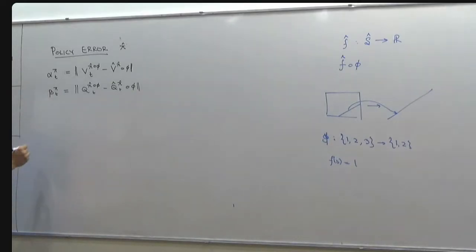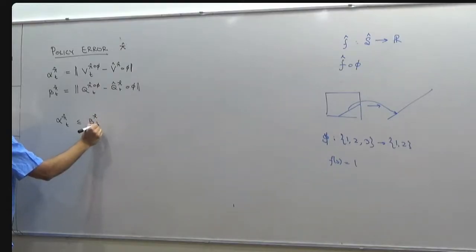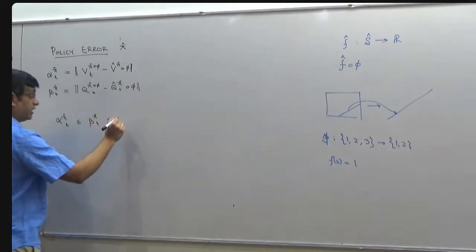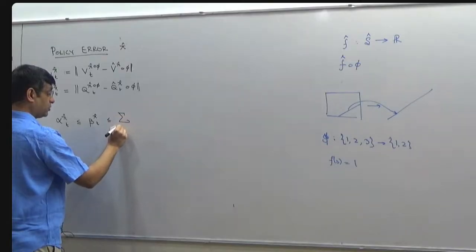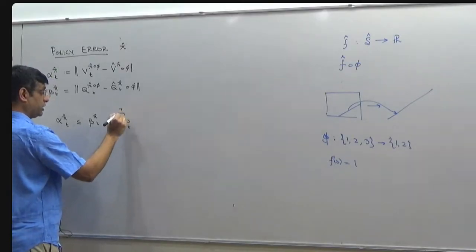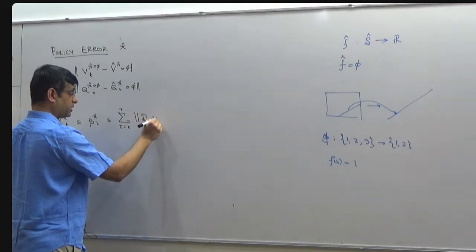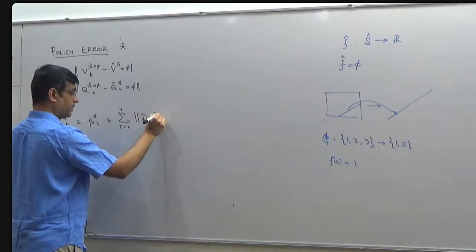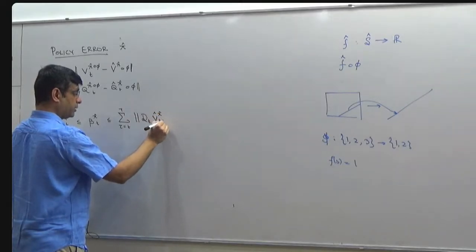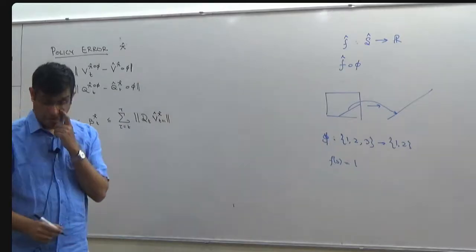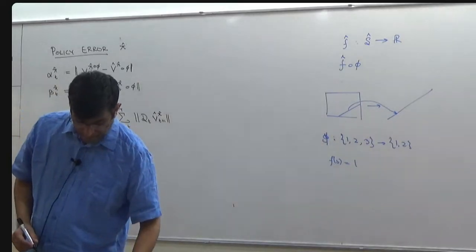Now, last time we had shown that alpha pi hat t is less than or equal to beta pi hat t, and my claim is this is going to be less than or equal to the sum over tau equals t to capital T of the norm of the mismatch Bellman operator of V hat pi hat t plus 1.